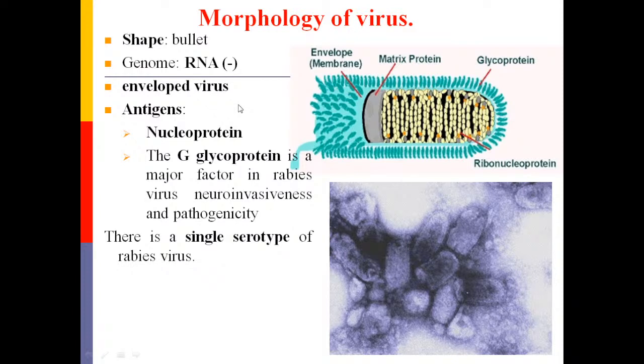Its antigens include nucleoprotein, this one, and G glycoprotein, this one, that is a major factor in rabies virus neuro-invasiveness and pathogenicity. So this surface antigen is responsible for invasion of nervous cells. There is a single serological type of rabies virus.